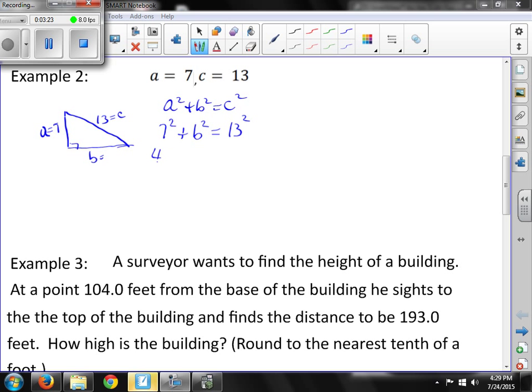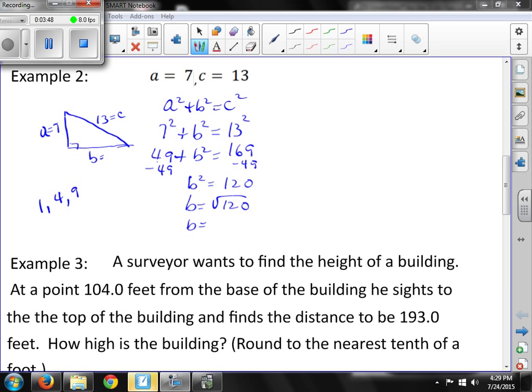Or I'll have 49 plus B squared is equal to 13 squared, which is 169. And then I'll subtract 49 from both sides. And I'll have B squared is equal to 120, which means B is equal to the square root of 120. Now that will break down.